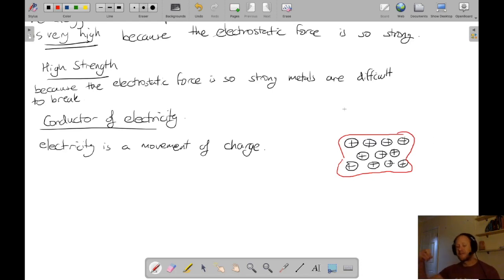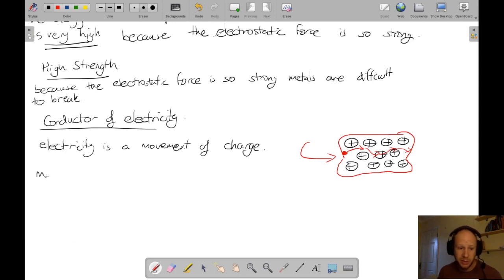And delocalized means they're free to move around. And electrons are negatively charged. So they've got movement and they've got charge. So basically, if I've got an electron here and I put some electricity into it, that will make the electron start to move across my thing. And this is why we make wires out of metal, because the electrons that are in the metals are free to move, and that means they'll conduct electricity.